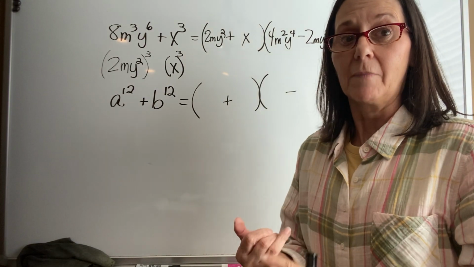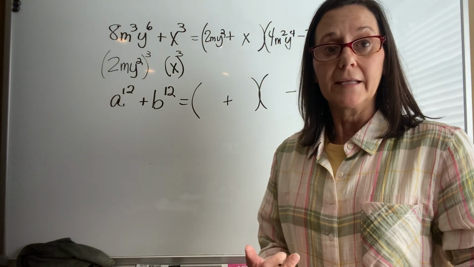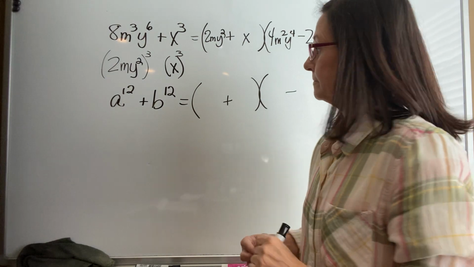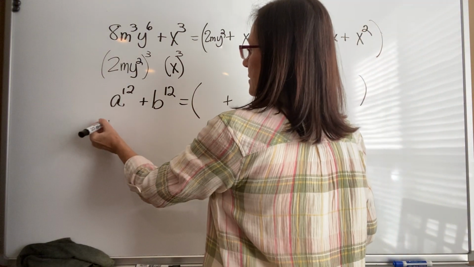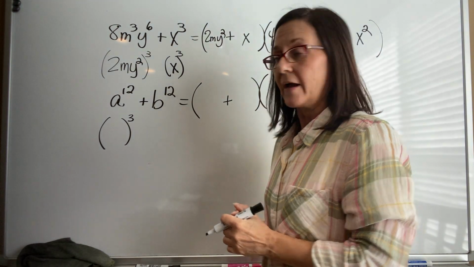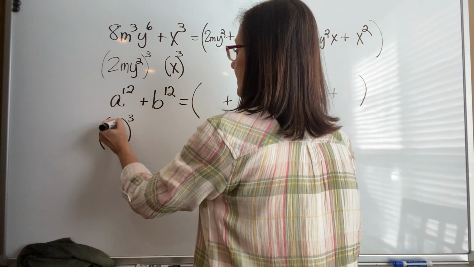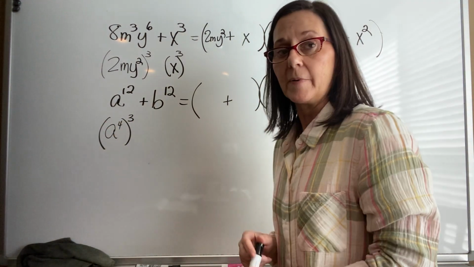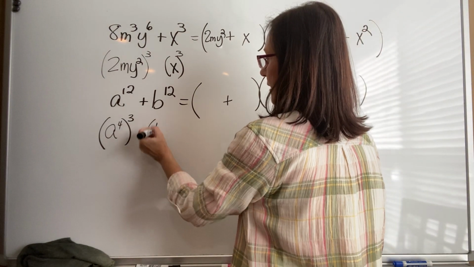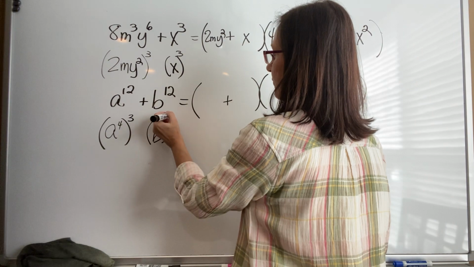Plus is plus minus plus. Minus is minus plus plus. So what is this cubed? Remember, I'm really taking 12 divided by 3. It's a to the 4th, because of power raised to a power, we multiply. That's the rule. This is b to the 4th cubed.